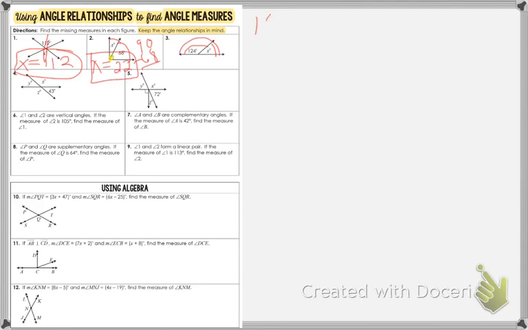We're going to do 180 minus 124, which ends up being x is equal to 56. That's all I did. Recognize the supplementary angles, recognize the complementary angles, recognize vertical angles.